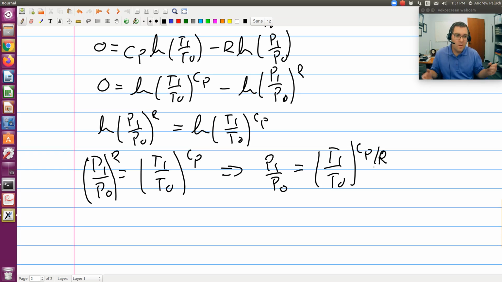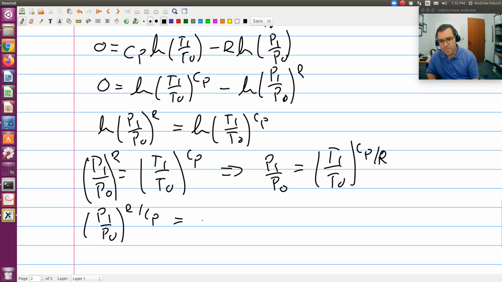Okay, cool. This would allow you to solve for an equation that's explicit in P, but you could just as well solve for T if you wanted. Namely, P1 over P naught raised to the R over CP would be T1 over T naught.